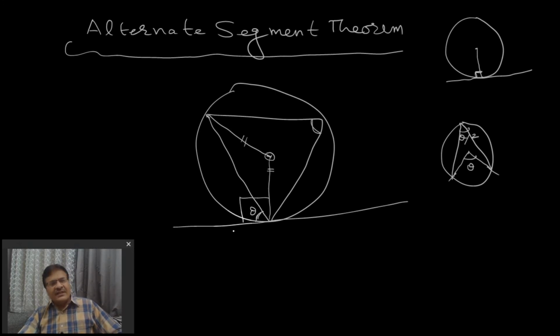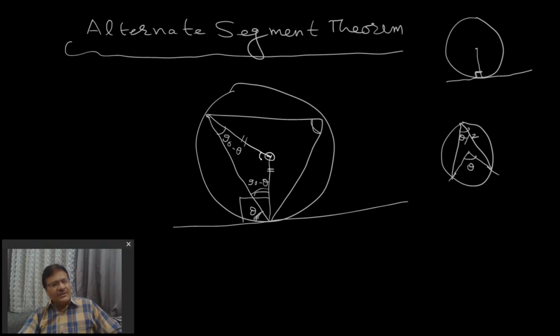And if this angle is 90 degrees and this small angle is theta, then the remaining part, this one, is what? 90 minus theta. Yes, no? And if this angle is 90 minus theta, then again this would be 90 minus theta, because if two sides are equal, then the angles opposite to them are equal. As it is an isosceles triangle, two radii are equal, so these two angles are equal.